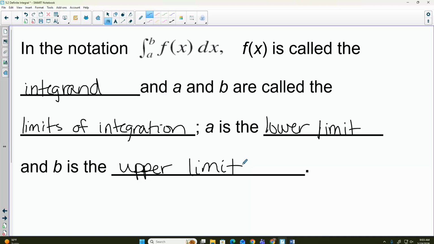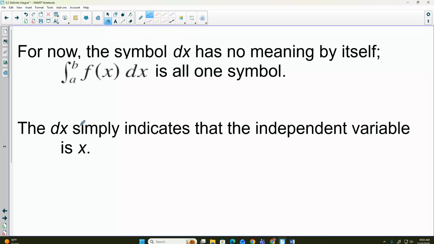So it's just a shorter way of writing this thing that we were already calculating in the last section. So this slide is just saying what I already told you, that dx goes with the integral.